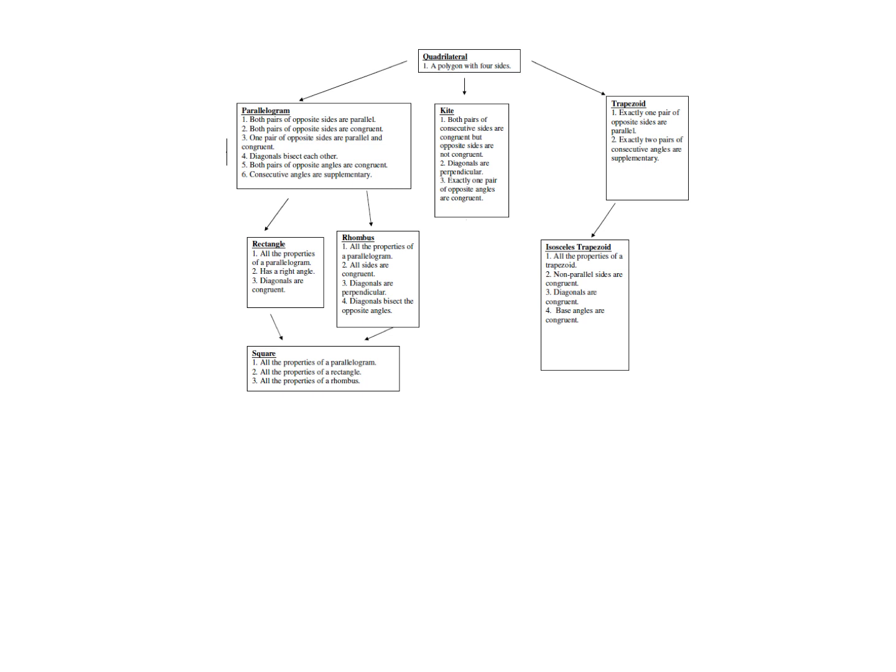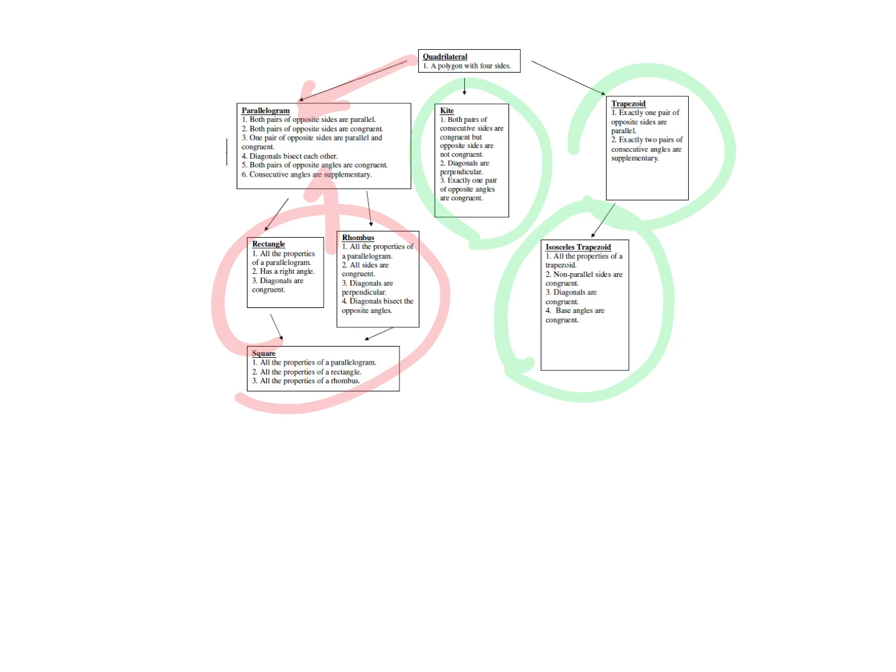And then here is what we just filled in, that chart. It's just another visual that you could use to keep track of all the quadrilaterals. Notice this one also includes the isosceles trapezoid, the trapezoid, and the kite. Notice when it branches over to the parallelogram, the rectangle and rhombus are underneath it, whereas the kite, trapezoid, and isosceles trapezoid are not.